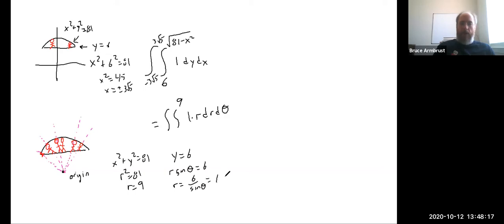Or if you'd rather, 6 cosecant. And I would rather because I don't want to have to write a fraction there. So we're using those same conversions, and we're using the same idea of feet to head. It's just the feet and head are determined radially.